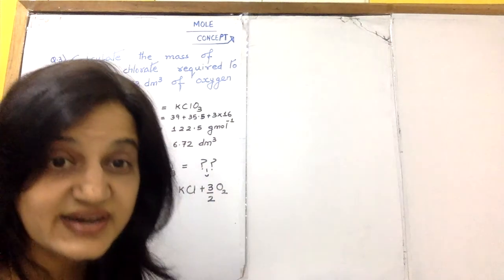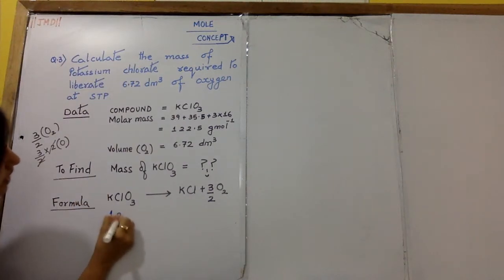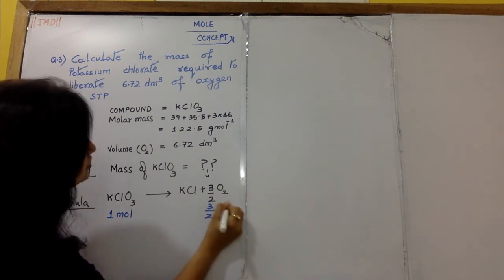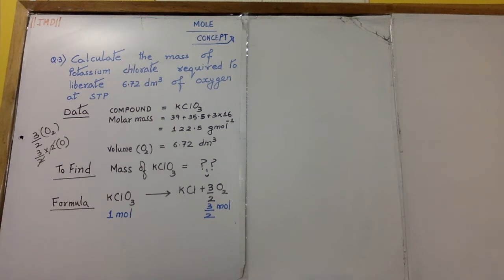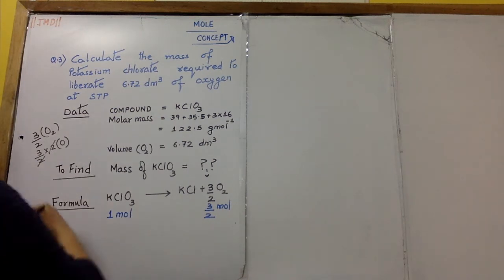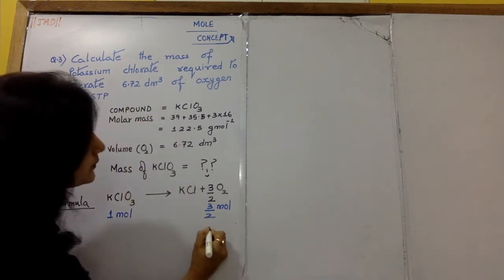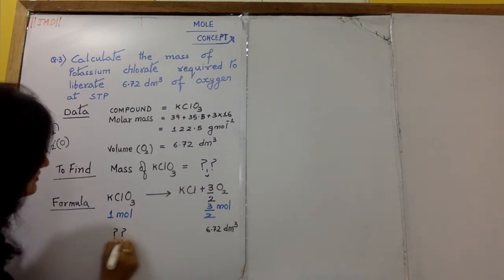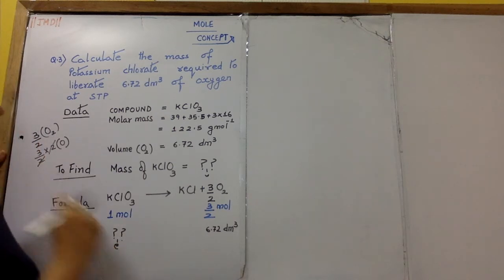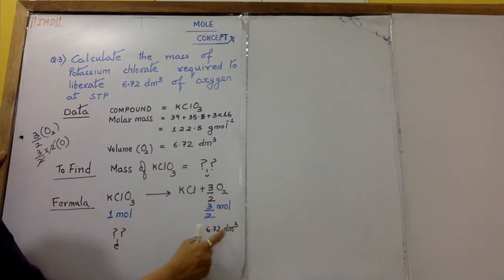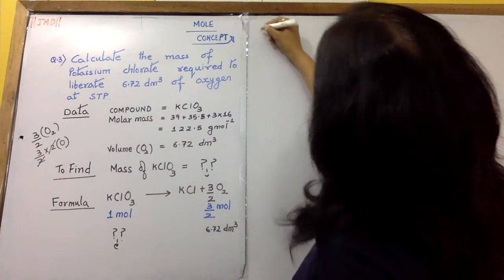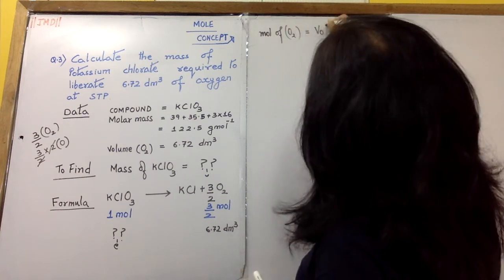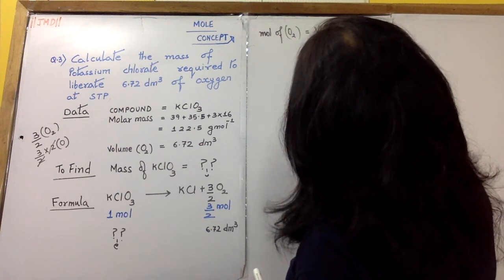Now children, over here, 1 mole of potassium chlorate is giving 3 by 2 mole of oxygen molecule. Then I have to find how much KClO3 is used for 6.72 dm cube of oxygen. But this is dm cube, and this is mole, the units are not the same. First we convert this into mole. So moles of oxygen, which formula will apply? The volume one. Volume of oxygen upon GMV.